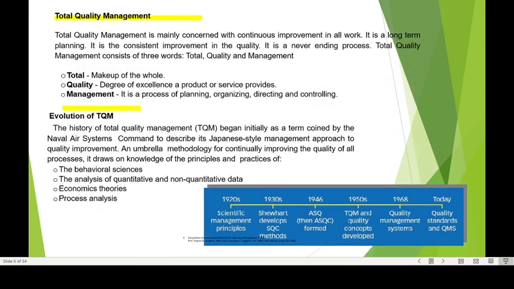And then the third slide that I will be showing you is the total quality management. So when we talk about total quality management, this is mainly concerned with continuous improvement in all works. Sabi nga, it is a long-term planning, consistent improvement, consistent quality feedback.